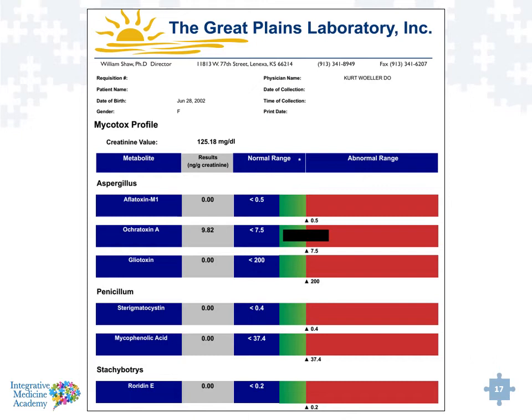So the point of this is that the organic acid test in many ways points the way for additional testing, but you still have to use your clinical insight, your clinical instinct, and always apply the information to the clinical presentation of your patient. It's important to treat the mycotox profile as a separate test.